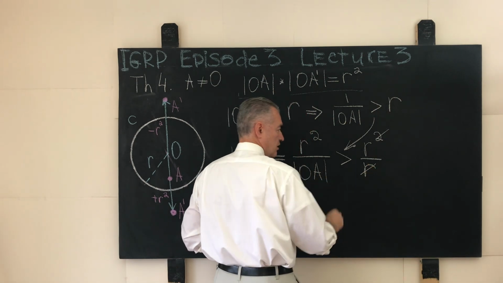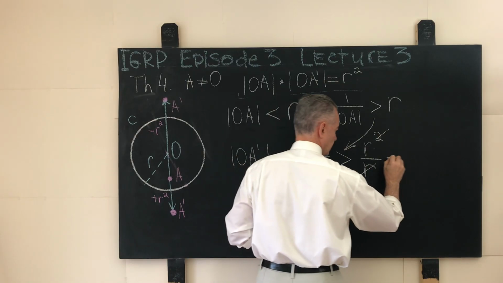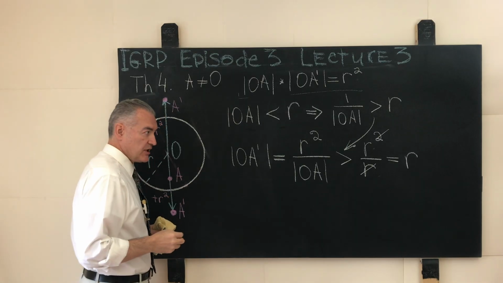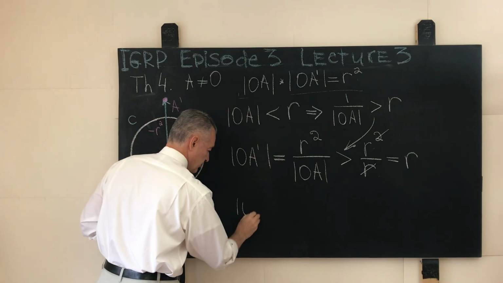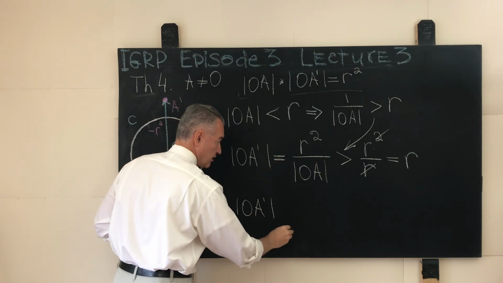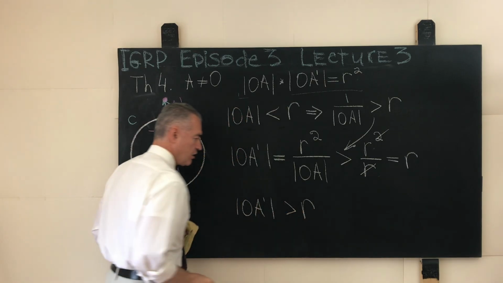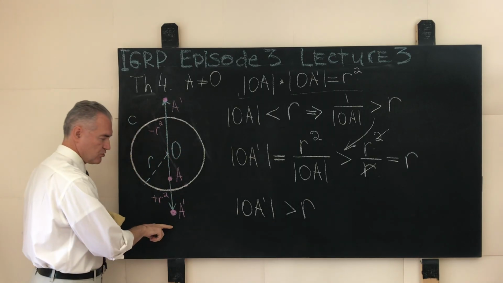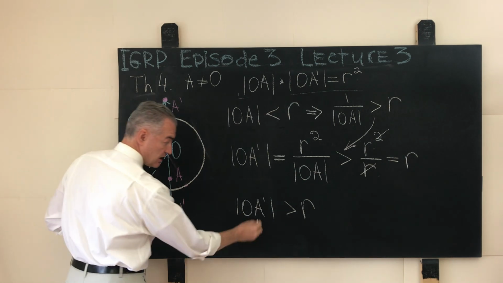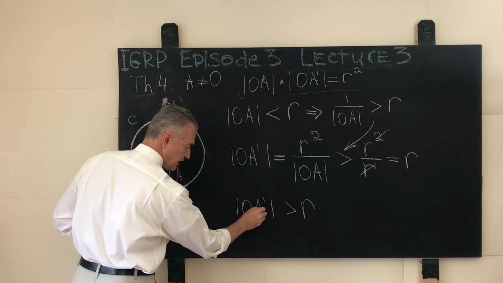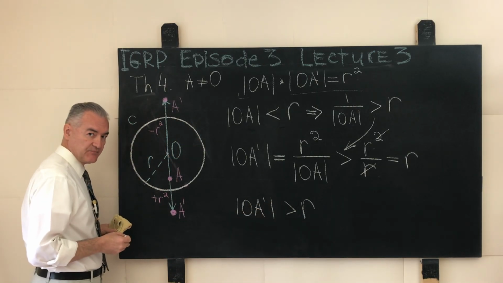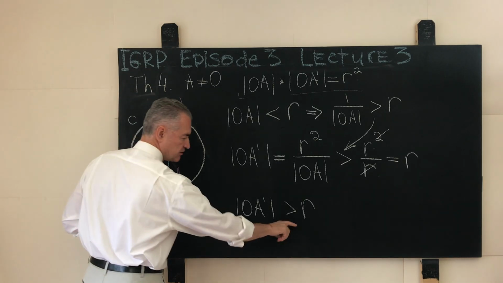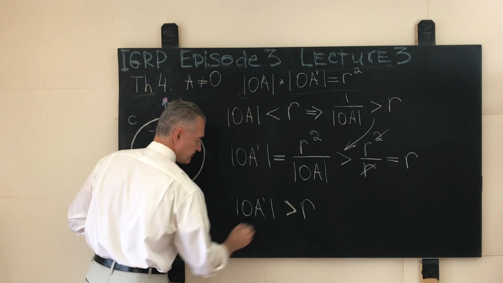Canceling one copy of R in the numerator and the denominator, this cancellation produces a single copy of the length of the radius of inversion, and that means that the distance from the center of inversion to the image point A prime is strictly larger than R. And again, this algebraic relationship translates back into the language of geometry in such a way that we state that the image point A prime is located in the parent plane in such a way that it is strictly outside of the circle of inversion, precisely because we have a strict inequality. That distance is greater than R.